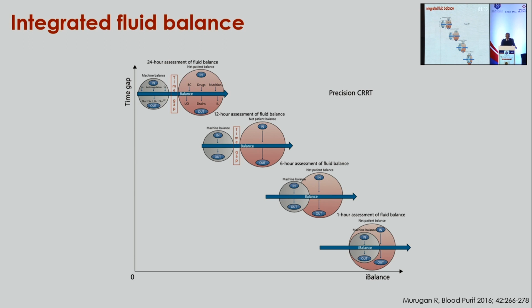So the whole idea of integrated balance was to minimize this time frame as low as possible, so we can simultaneously remove the fluid or define our fluid balance goal on a minute-to-minute basis if possible, so that the vascular volume does not show swings, and a consequence of that would be we'll probably achieve our target in a more safe manner.